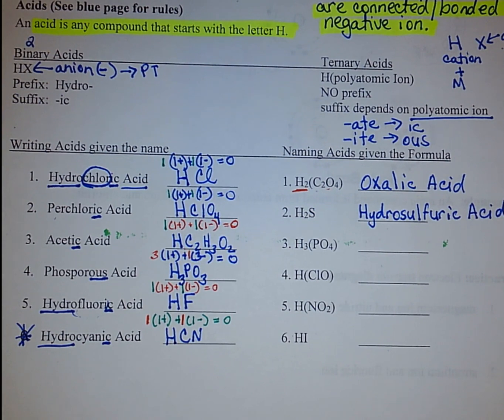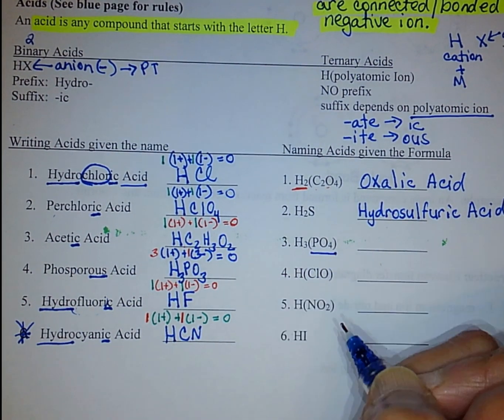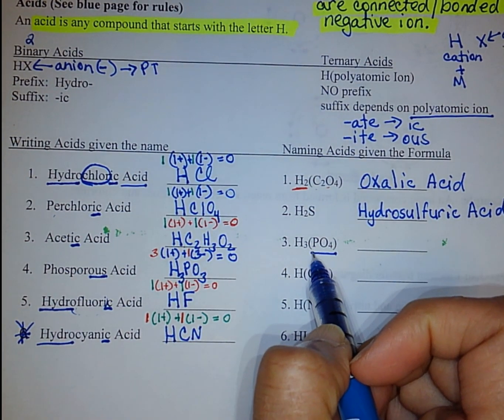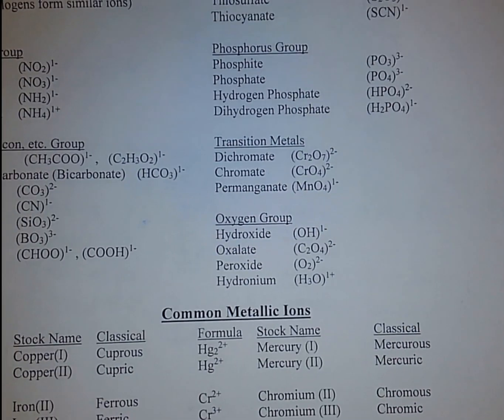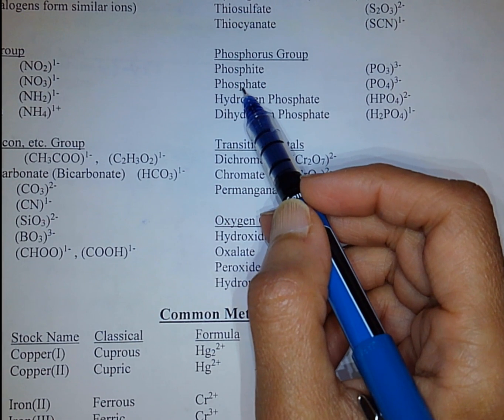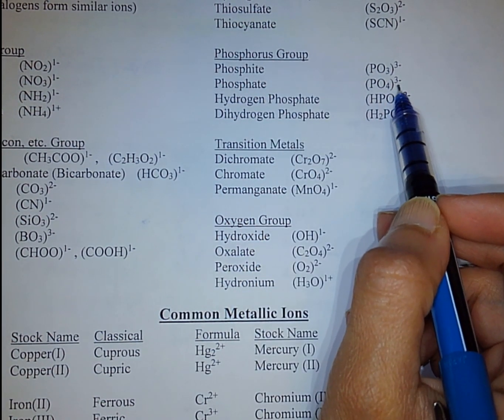Okay. The next one, you guys, is again an acid, and notice that it is a polyatomic because it's 3 or more elements. This has an oxygen group attached to it, so it's PO4 3 minus. If you look under the phosphorus group, this is where the element is. It is phosphate, PO4 3 minus.